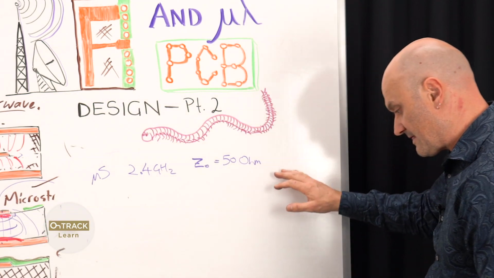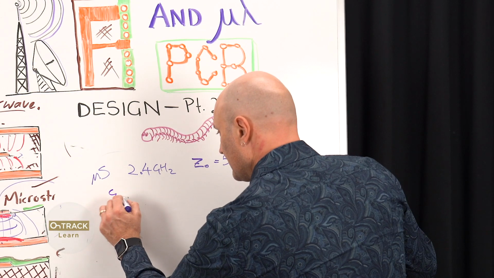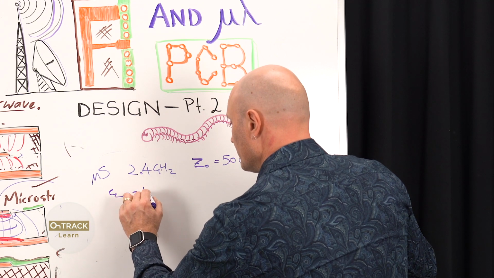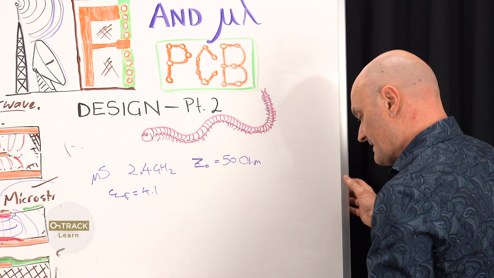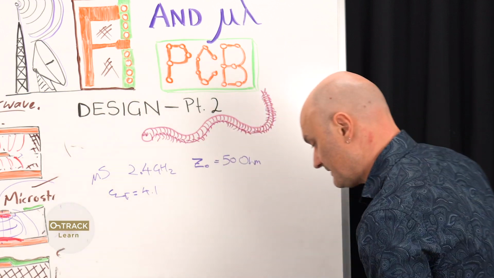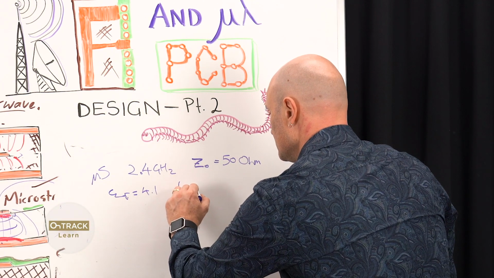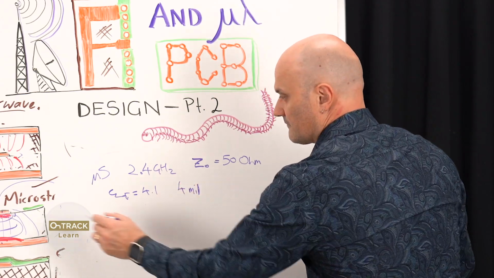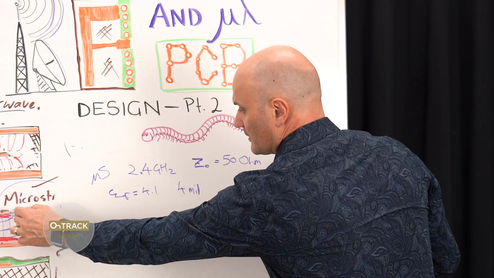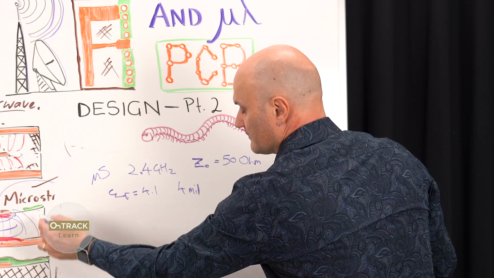And that we have epsilon r of 4.1. And our thickness of the dielectric is 4 mils. That's pretty typical for a microstrip. You know, the top layer of the board and the next layer down being the reference ground.